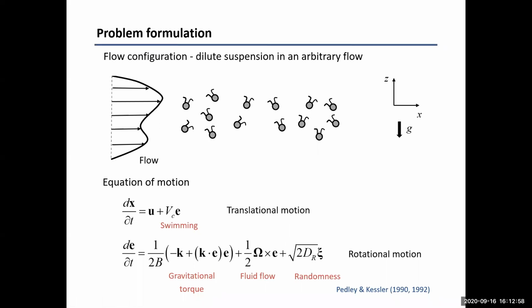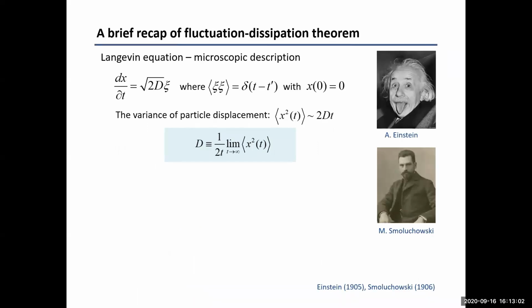So before I introduce the model of Pedley and Kessler, let me briefly recap the relation between the microscale and macroscale in the earlier days. Let me briefly recap the famous fluctuation dispersion relation, the main progress of which was made in the early 20th century by Einstein and Smoluchowski.